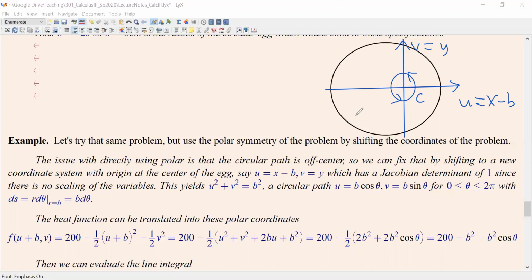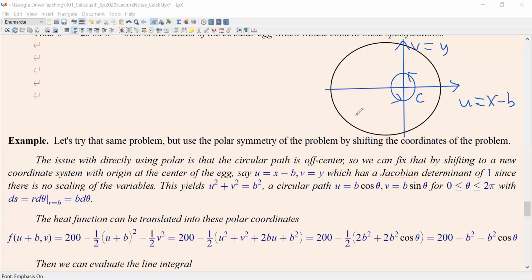So that simplifies how we integrate around it in terms of how we reference it and use polar symmetry, but it unfortunately will complicate the heat function. But it's the same complication we ran into when we applied our parameterization to it, so it's really not that different.